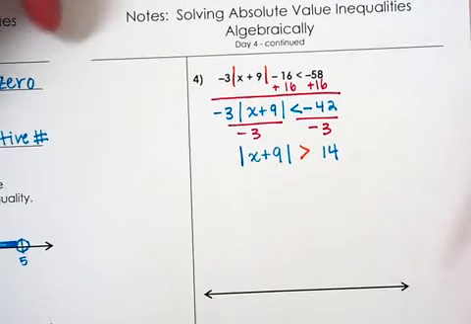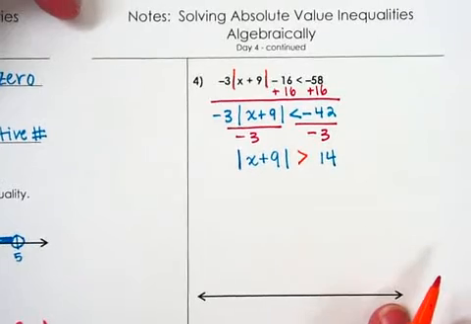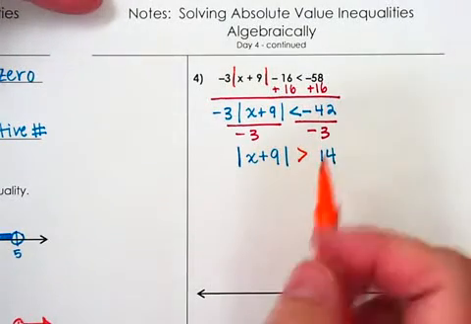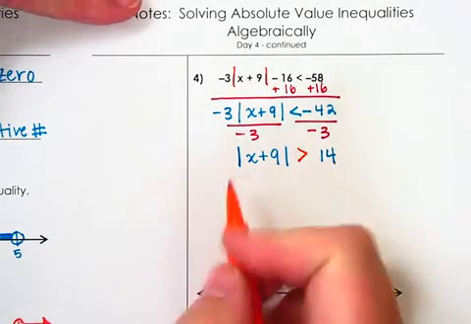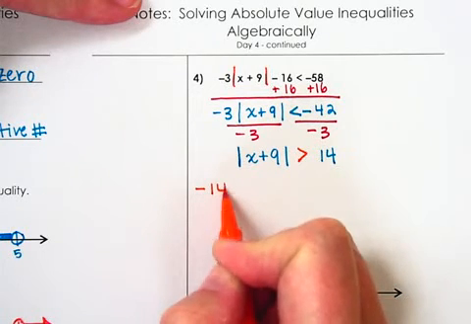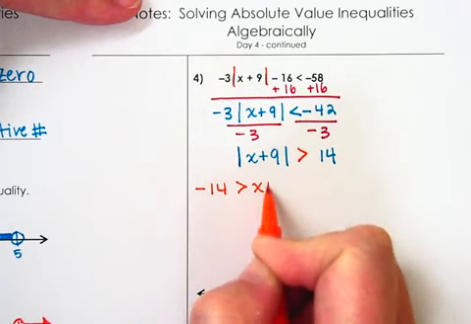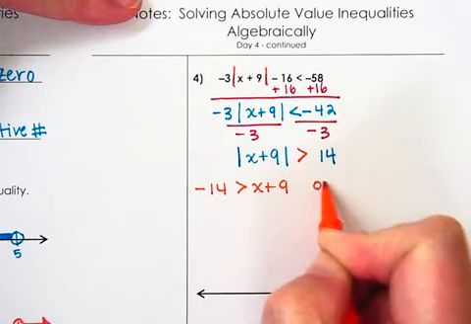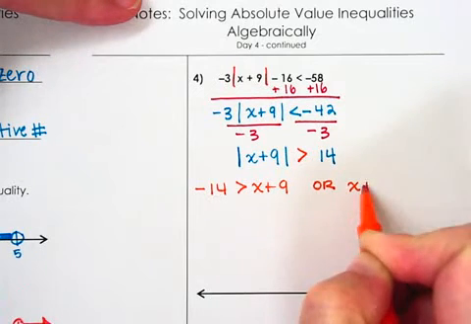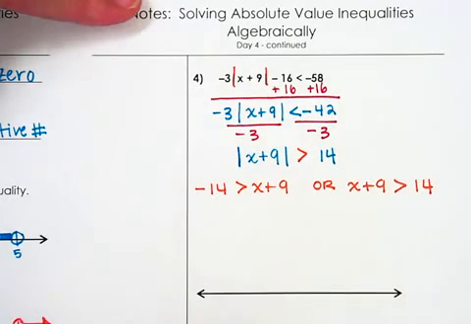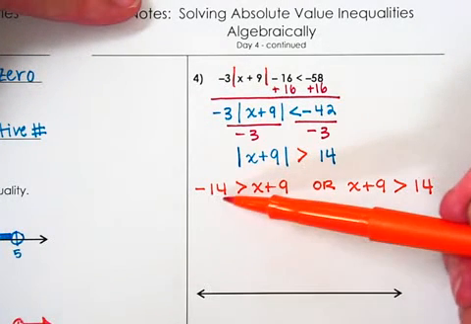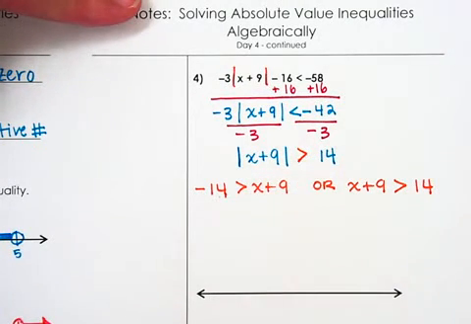So now I'm going to go ahead and separate this out. So I'm going to take the inequality. Now this is a greater, so I know it's going to be an or statement in the end. So I have negative 14 greater than x plus 9, or x plus 9 is greater than positive 14. We're always going to put the negative value on the left.